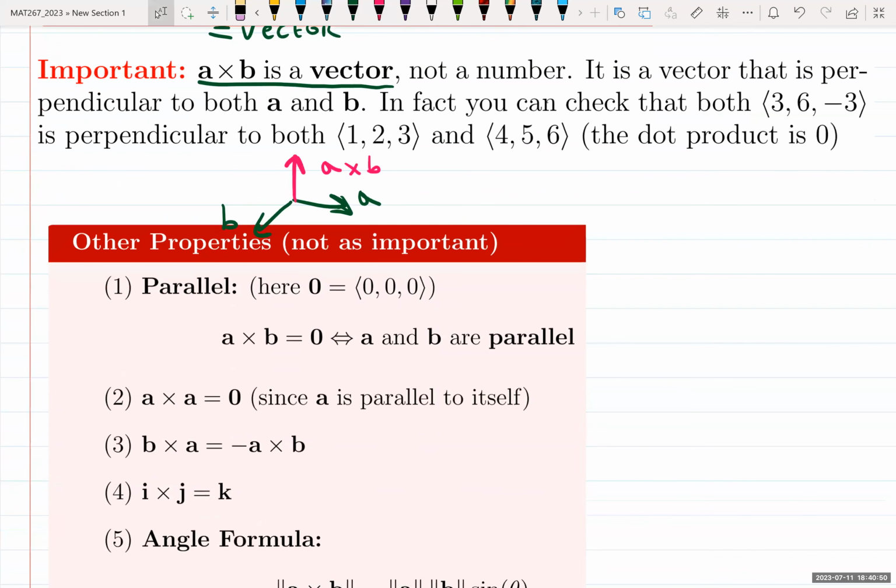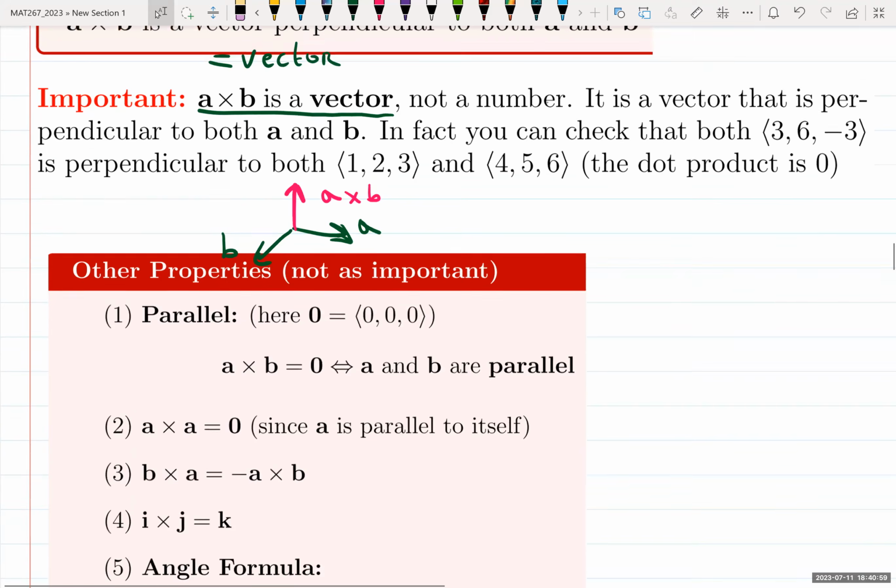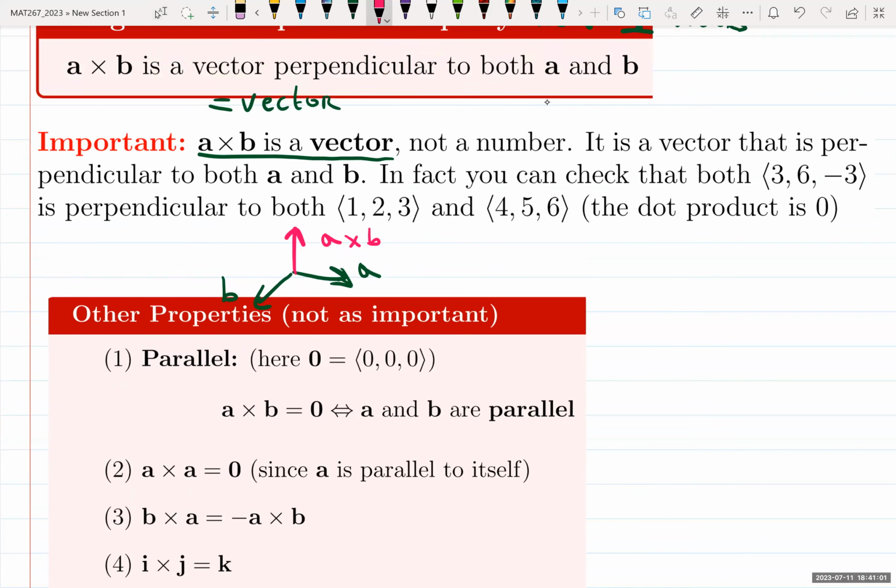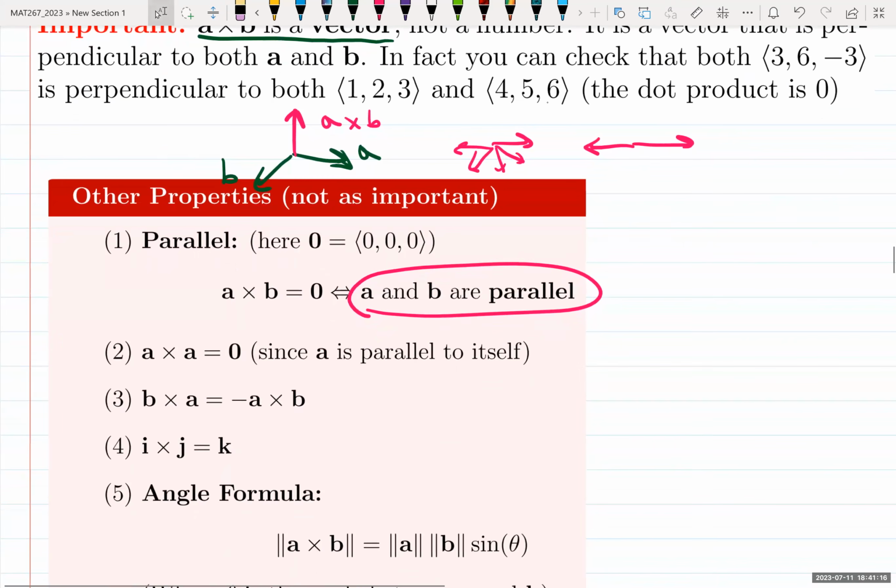So as I told you, it is the biggest when it's the most perpendicular, right? It's always perpendicular to both vectors. Two vectors can be perpendicular to each other or not, so that matters. But if A and B are parallel, so it's going to be like this, the cross product will give you 0. So that's how you can also check, but it's a very long calculational check for vectors to be parallel.